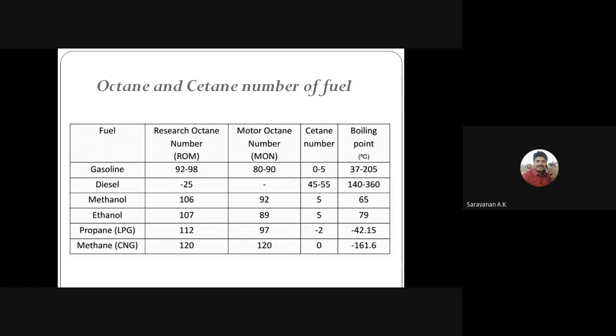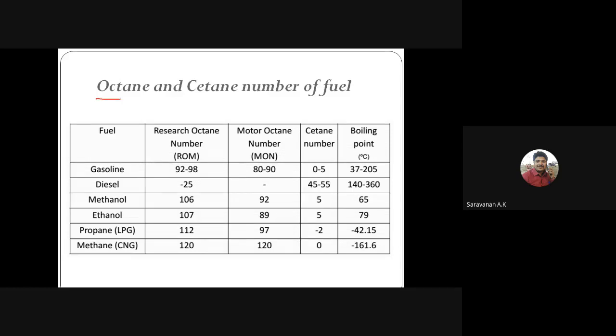So the auto ignition of the end gases causes a rapid increase of the pressure inside the cylinder, right? These pressure waves reverberate in the combustion chamber at a frequency of 5000 to 8000 hertz, depending upon the geometry of the combustion chamber, right? Due to this, the anti-knock quality may be measured. The anti-knock quality is called the octane number and the cetane number, right?